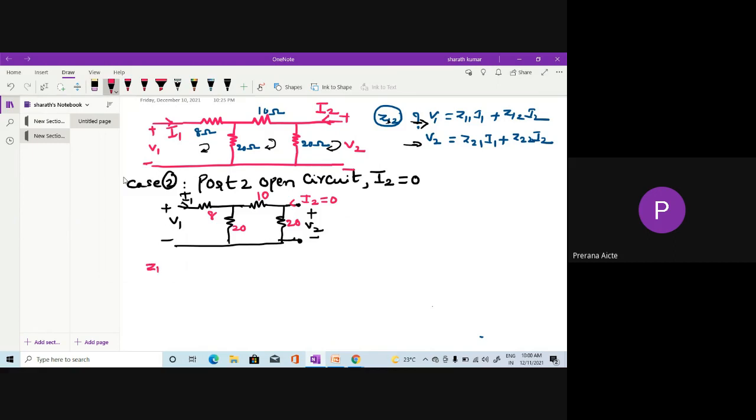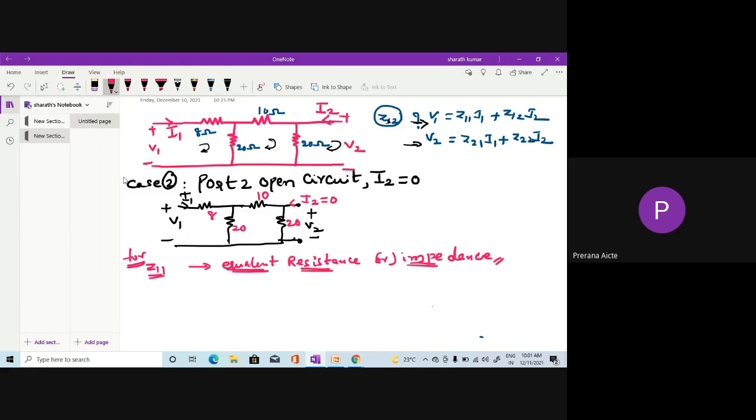For Z11, one shortcut to always follow while solving Z11 is to consider the equivalent resistance or impedance of the circuit.